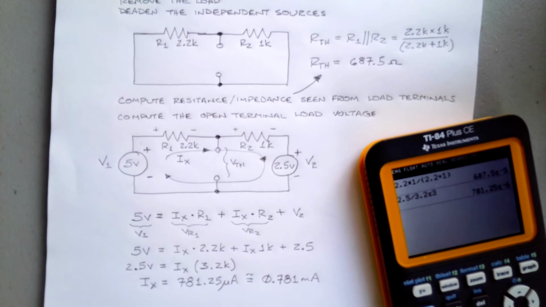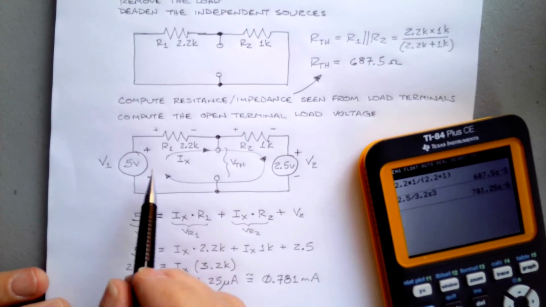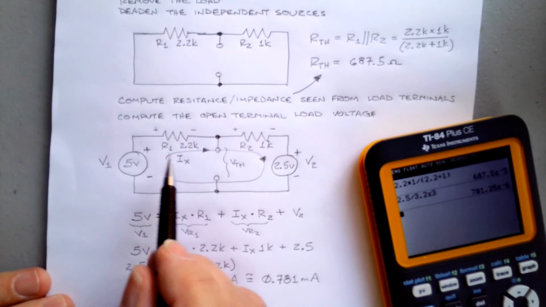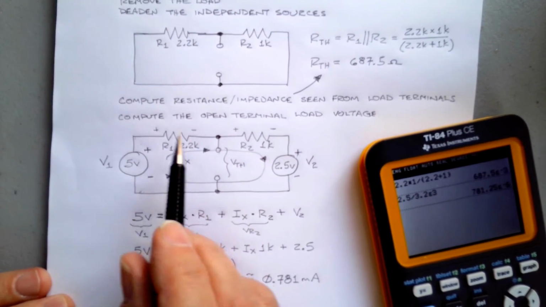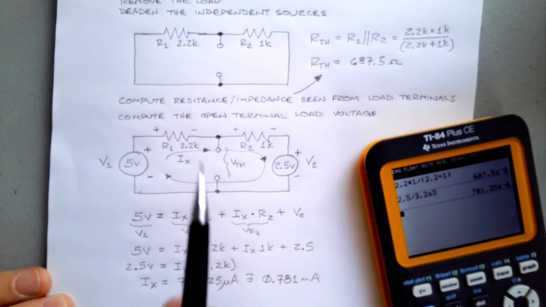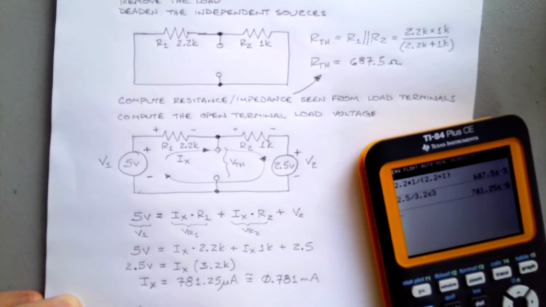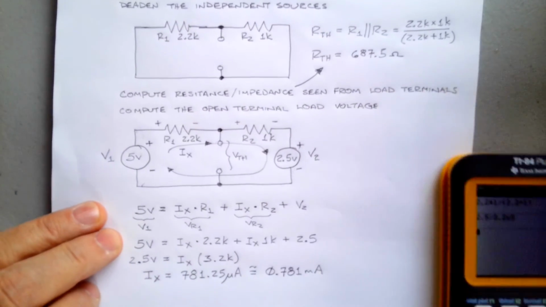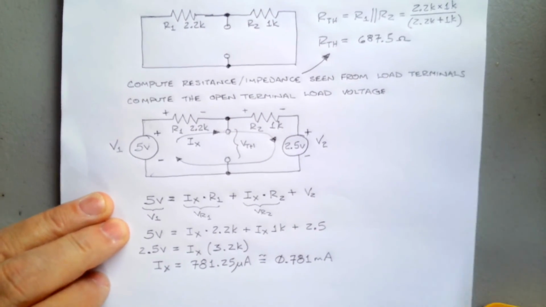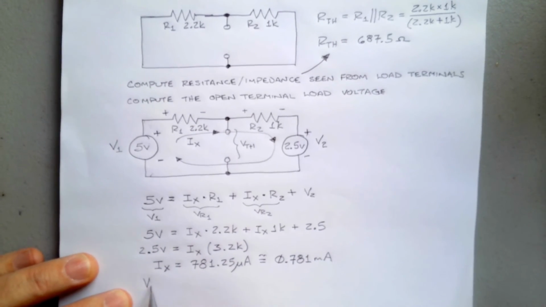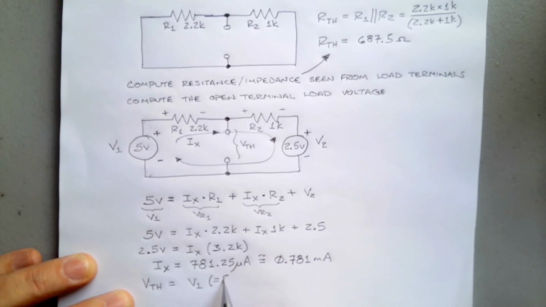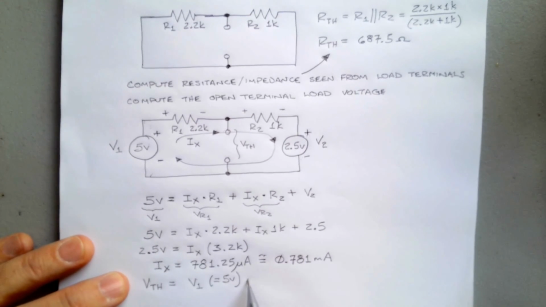All right, so we start out with 5 volts at this point, from this node to here. Now we're going to lose some voltage through this 2.2K resistor. So V Thevenin is going to equal V1, which is equal to 5 volts, minus VR1.